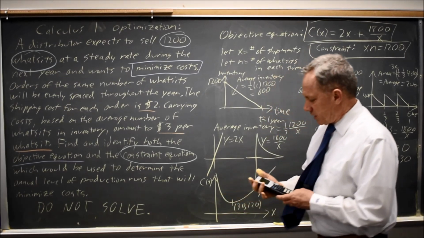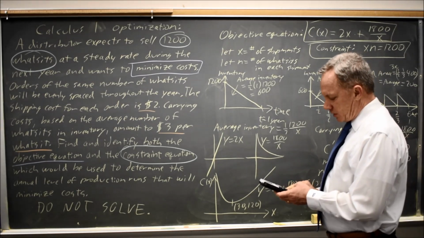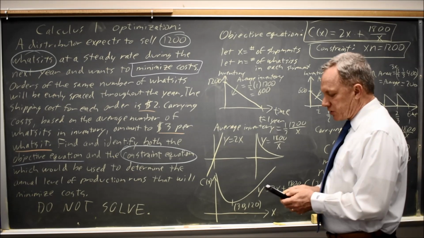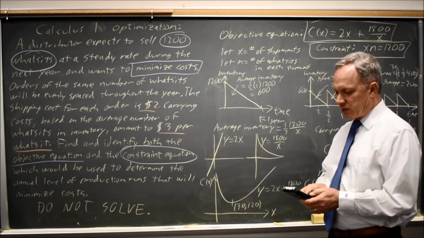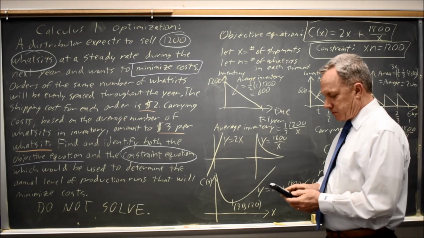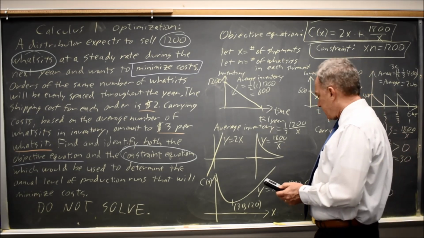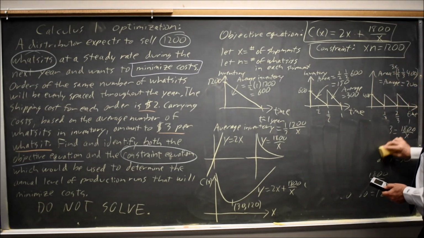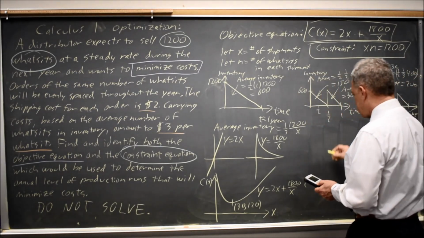Let's try that on the calculator. y equals 2x plus 1800 over x. For a window, I'm going to take x max 60, which is twice where I already know my minimum is, and y max maybe 300. Graph. And the graph looks like this.